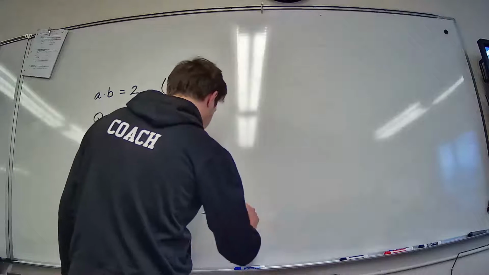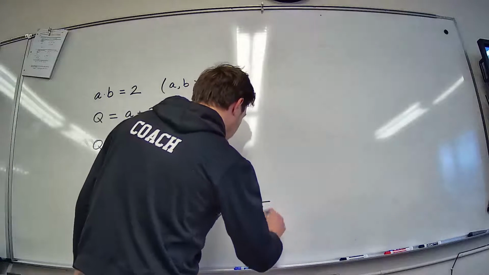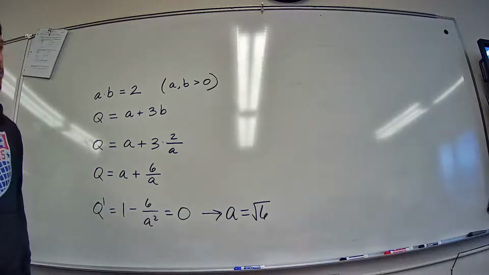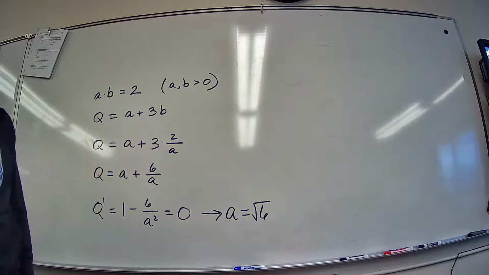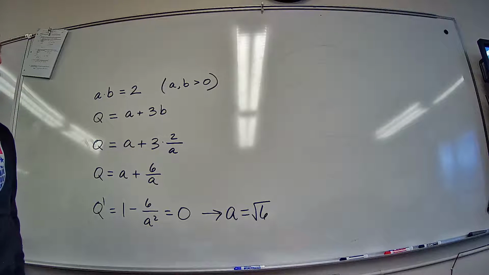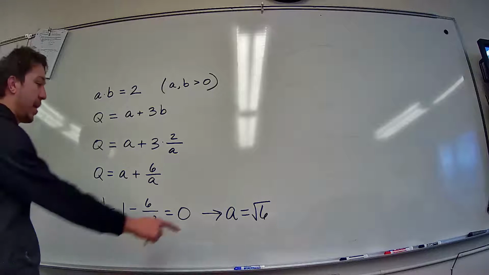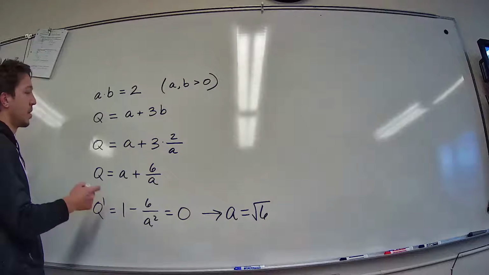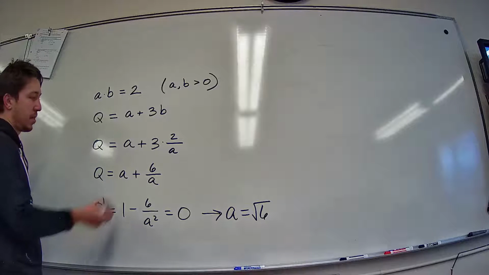So that makes sense? Okay, so a is root 6. So seems like the answer is going to be either E or F. There's one of those that have root 6s in them. So if a is root 6, then I don't know.